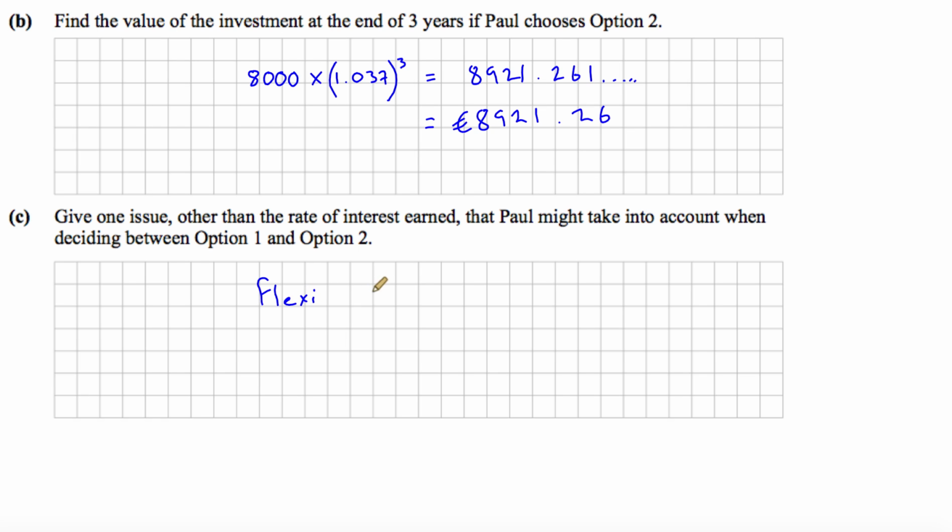So we can say the flexibility or the ability to withdraw before the end. So something like that for your answer would get full marks.